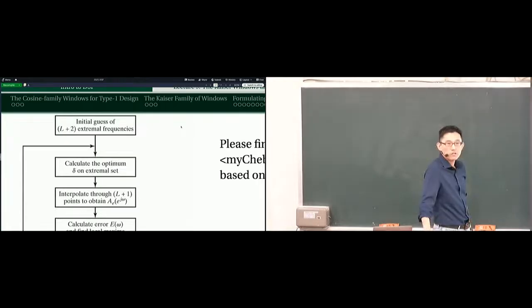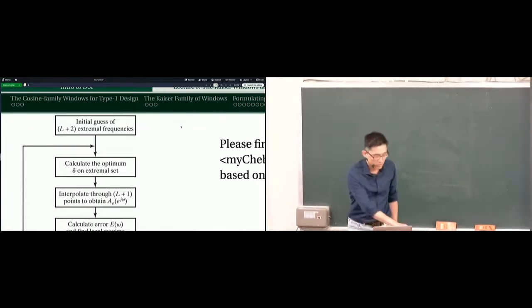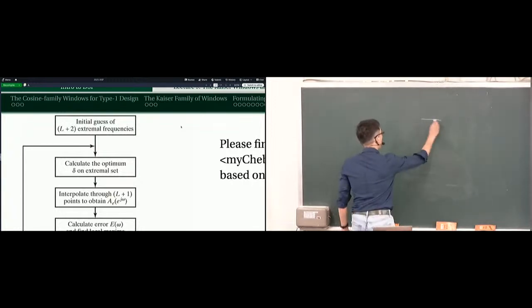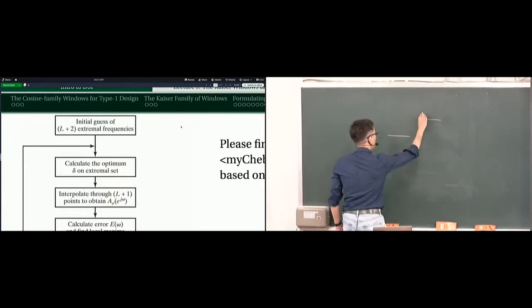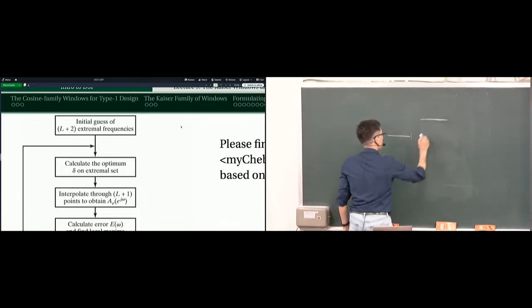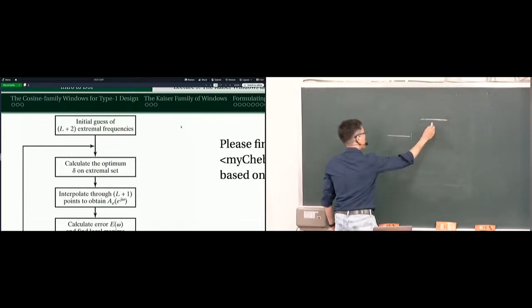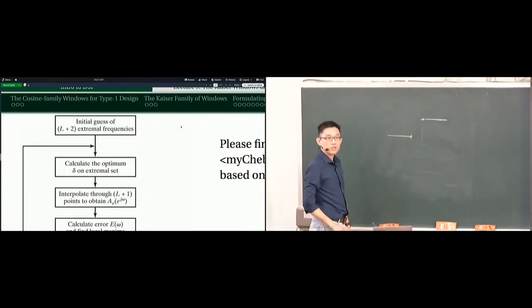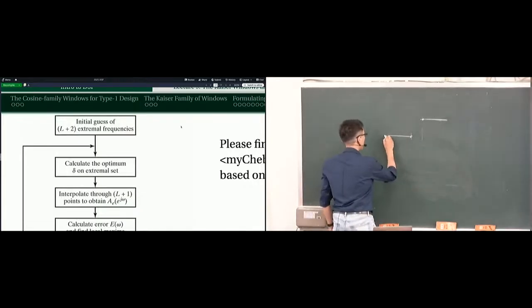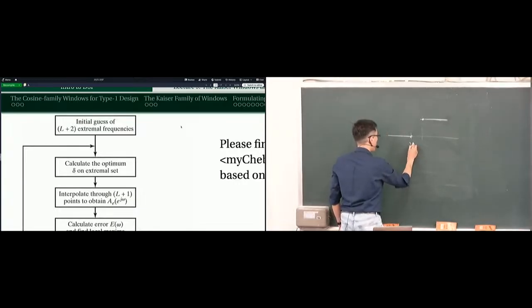Let's say your target is this polynomial with passband and stopband. By the way, the edges have to be alternating points, so we know at least 2 of them. The edge right here, they have to be 2 of the alternating points.